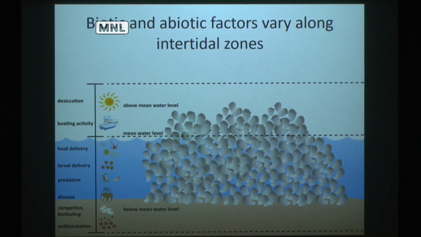For instance, at higher elevations, these oysters may be exposed more strongly to the physical aspects of the environment, such as higher solar radiation, which increases desiccation stress for oysters. While at lower tidal elevations, these oysters may be exposed longer to marine predators, as well as the settlement of other oysters or sessile invertebrates that may compete for space, such as barnacles.